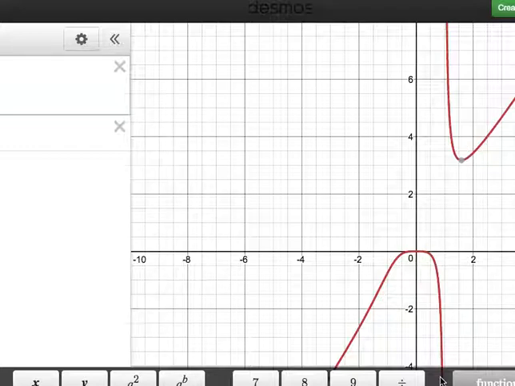Once you have that graphed, you can see that we have this asymptote right here. It's a little bit slanted. Okay, I hope that makes sense. We're seeing what's happening there.